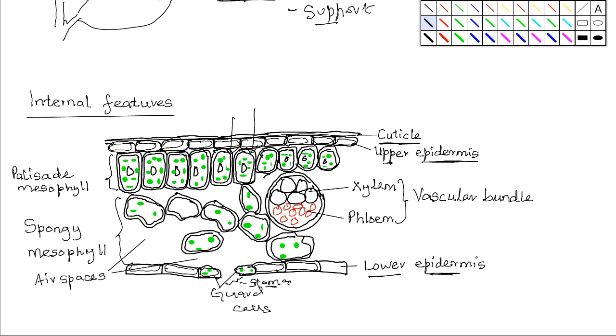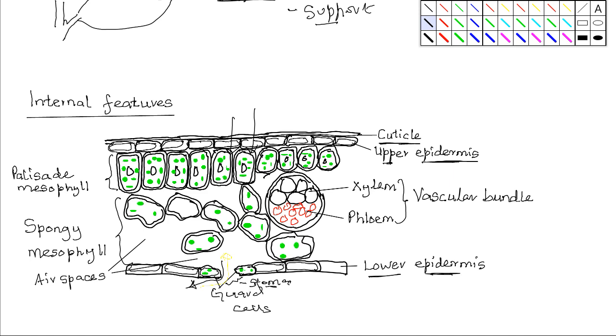It is through these stomata on the epidermis that carbon dioxide from the atmosphere diffuses into the leaf, while oxygen, which is a product of photosynthesis, diffuses out of the leaf.